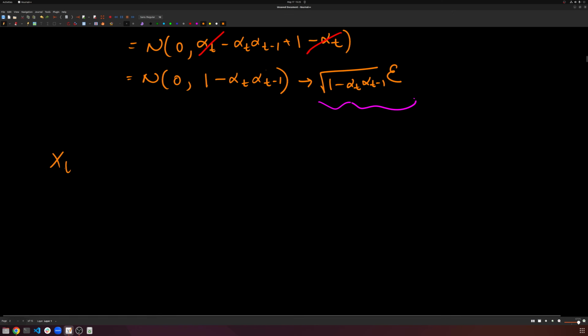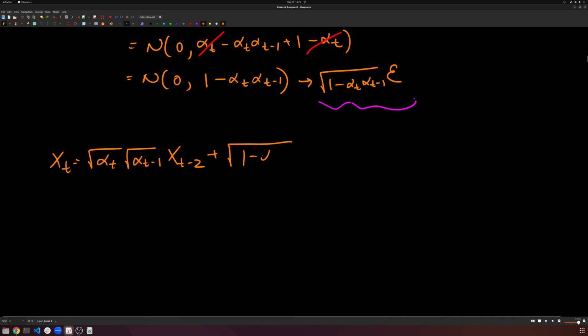So x_t is equal to, and this was already there from before, square root alpha_t, square root alpha_{t-1}, x_{t-2}. So that was already there from before, right? And then we have this new term, plus the square root of 1 minus alpha_t alpha_{t-1} times epsilon, just like that.